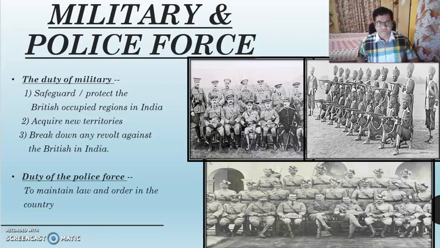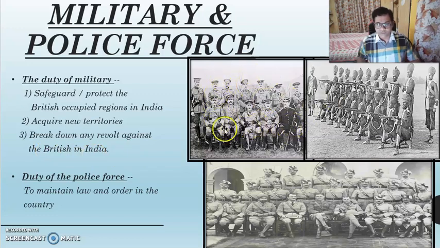Next we have the military and the police force. Now what was the duty of the military? Safeguard and protect the British occupied regions in India. Next, to acquire new territories. And lastly, to break down any revolt against the British in India. This is the picture of the military.